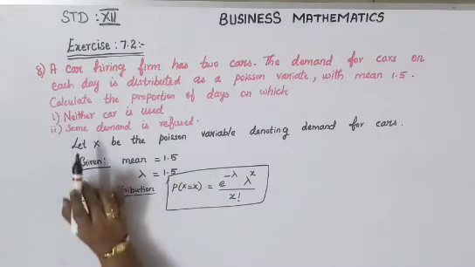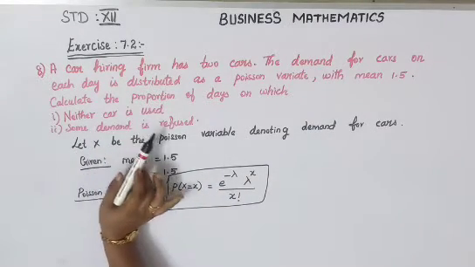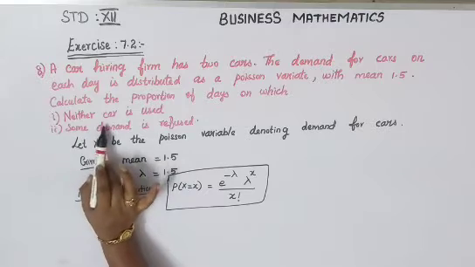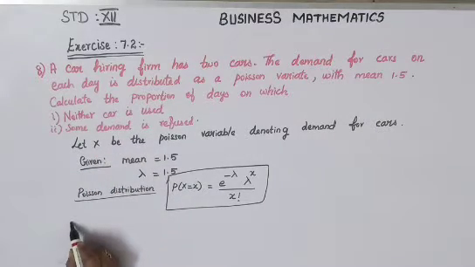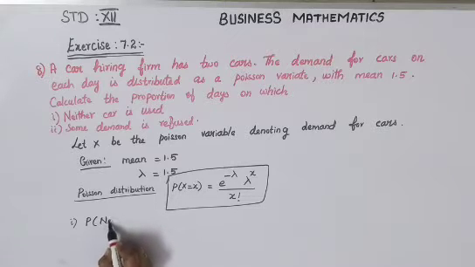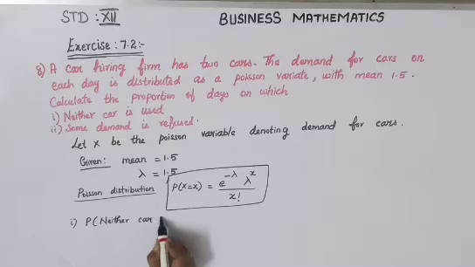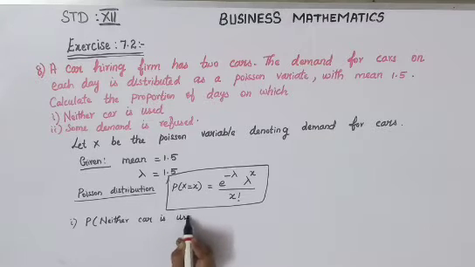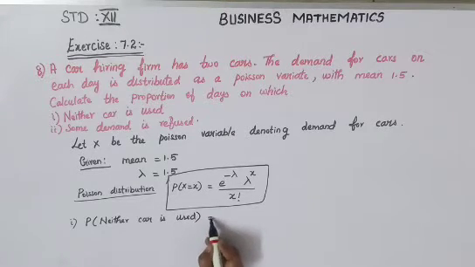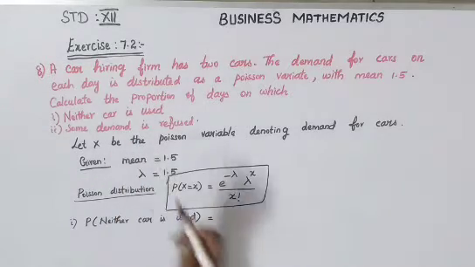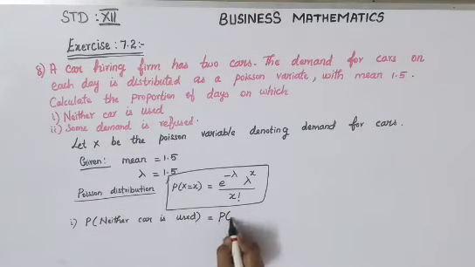So your first condition is neither car is used. So that means no car is used. Okay. So your first subdivision, P of neither car is used, that is equal to no cars are used. So you can write it as P of X equal to 0.